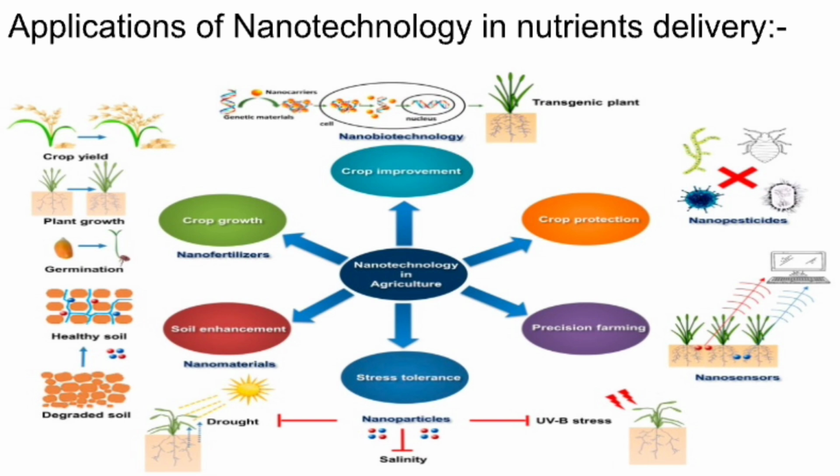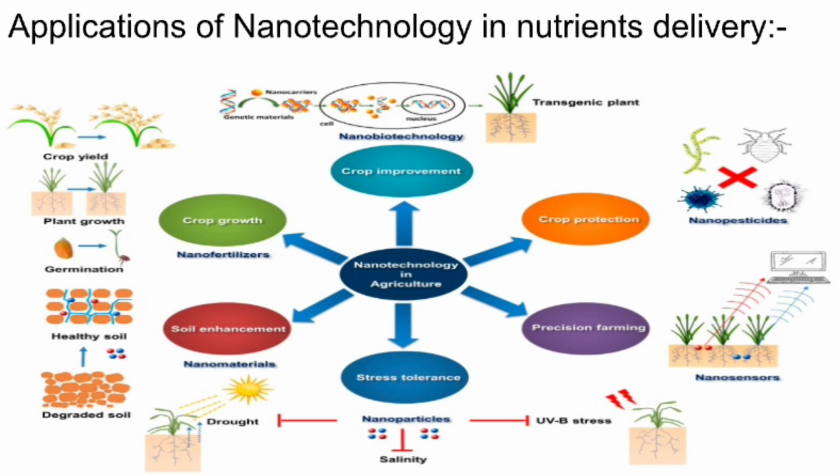The function of nanotechnology in agriculture is it improves the crop. It also plays a role in crop protection by using various types of nanopesticides. It helps in crop protection.